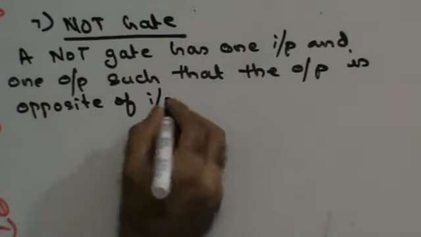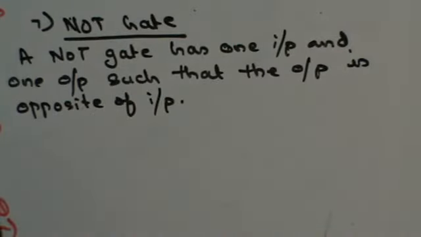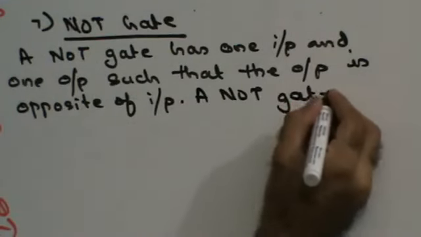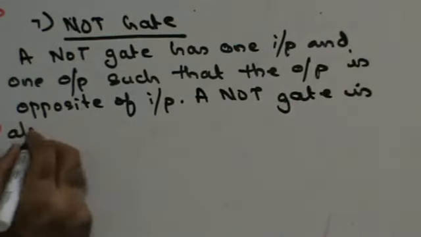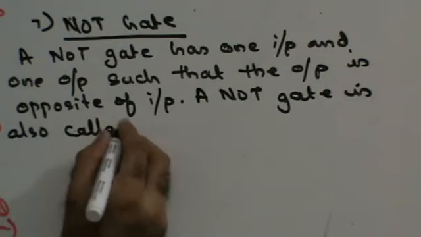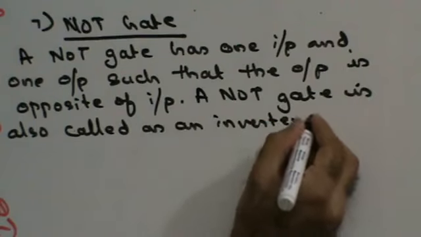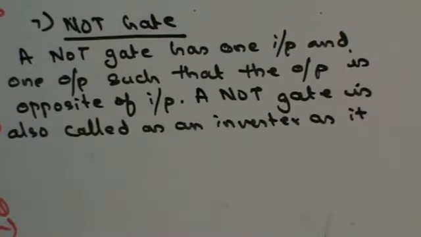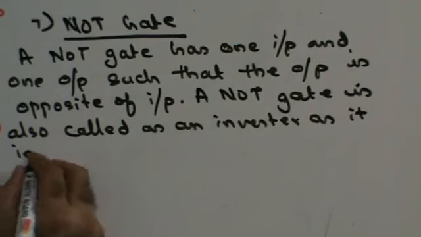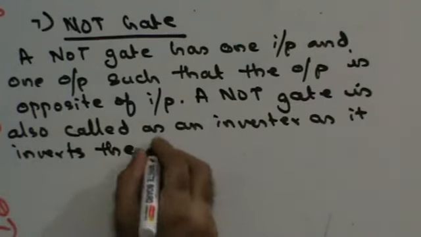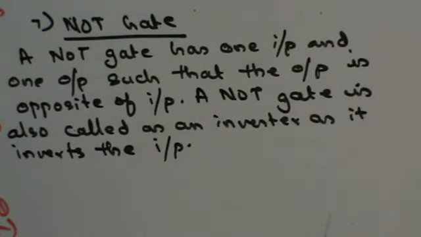Fine, do we get this thing here? A NOT gate is also called an inverter because it inverts the input. Fine, do we get this in here?